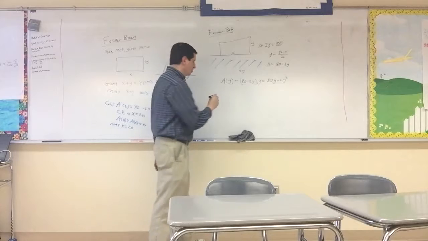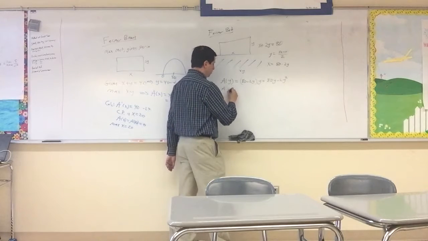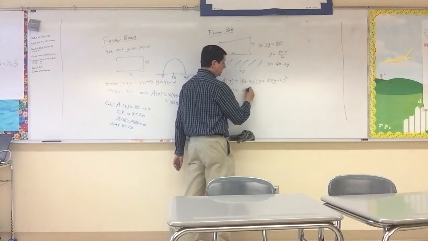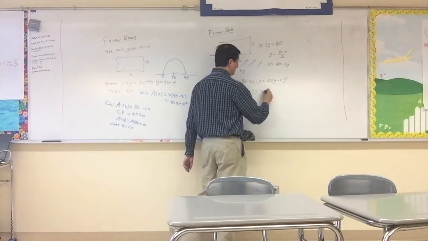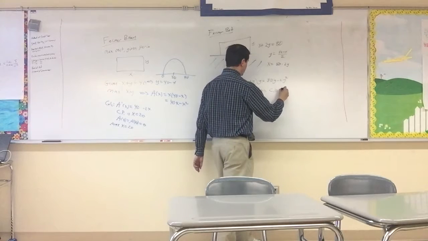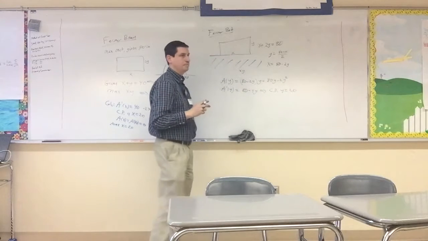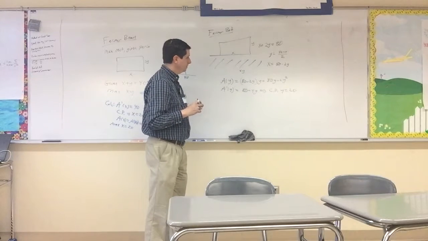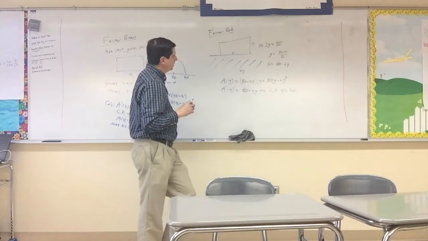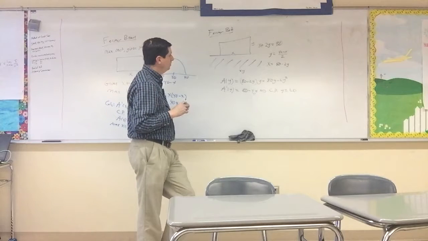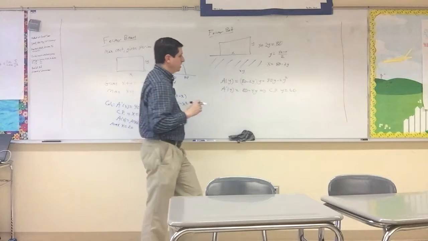So we get a prime of y is 80 minus 4y. So the critical point is going to be y equals 20. Is this right? Yeah, that's right. And then what will x be?